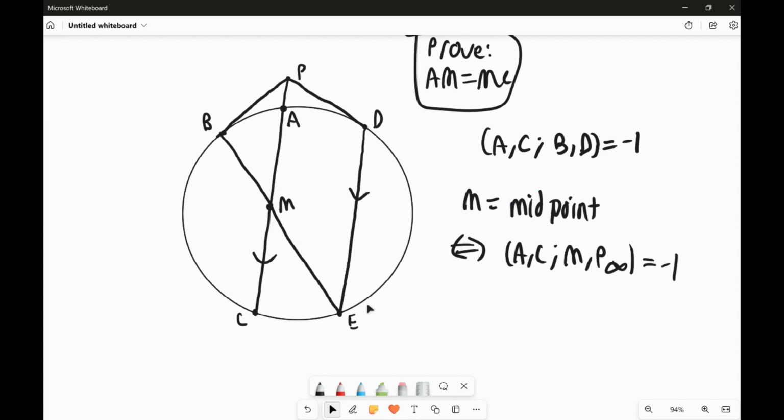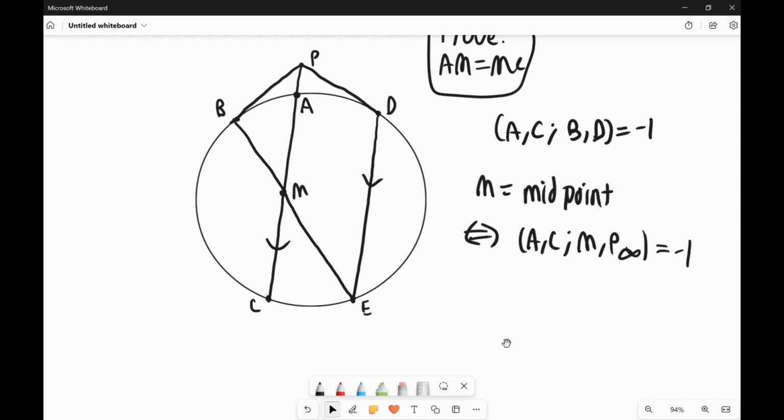Well, the point A needs to stay as is, as does the point C. And the point B must get to the point M, and the point D must get to the point P infinity. So there's only one other point on the line BM, which is Z. So we might want to think of projecting at E. So we want to show that ED and AC intersect at P infinity, the point at infinity. But the two parallel lines intersect at the end of the line, which is P infinity.